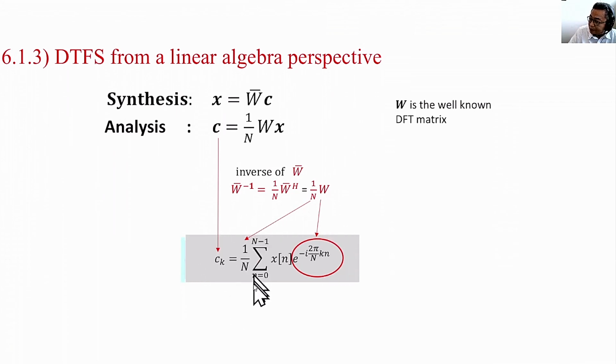Ck equals 1 over n times xn times this. So this term can be expanded into columns of W, which will be these columns of W here, and it will show that they are column vectors of complex exponentials rotating in the clockwise direction. W is the well-known DFT matrix.